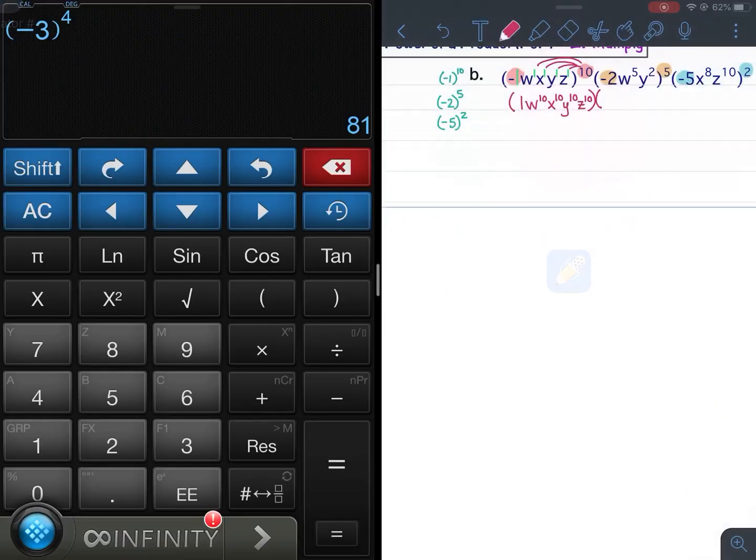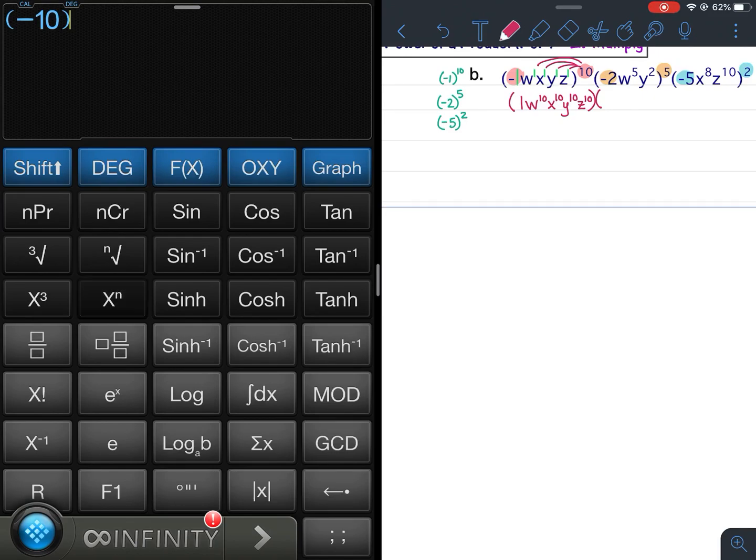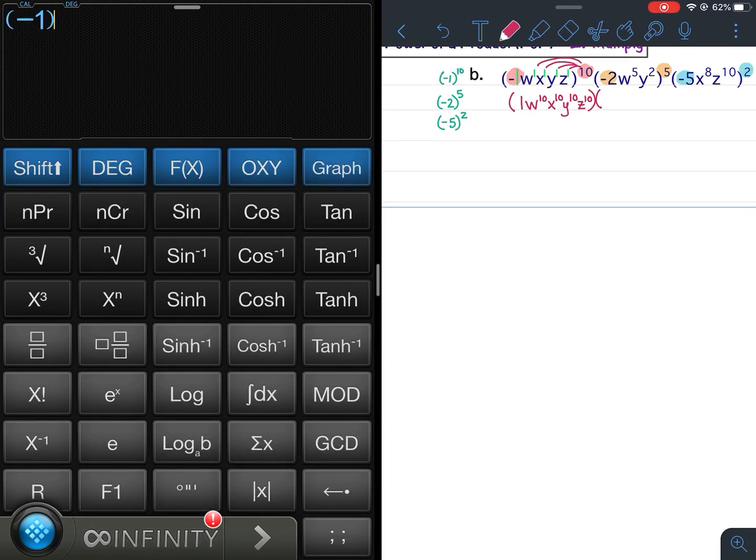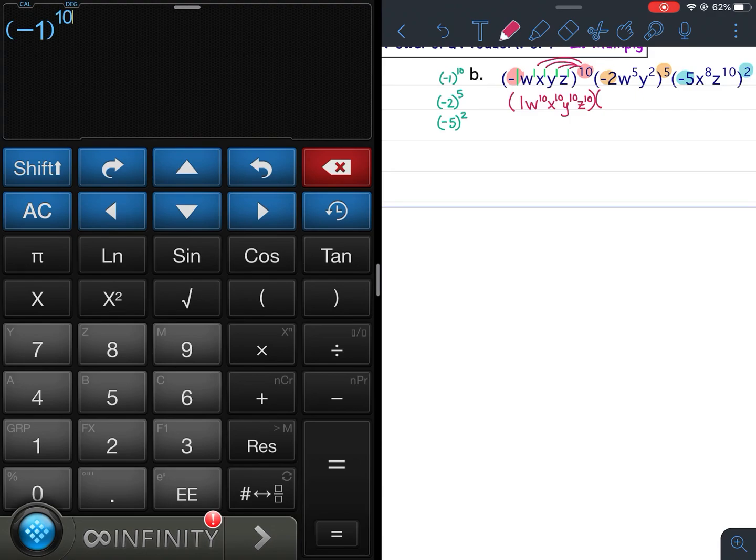You want me to show you these in the calculator? Negative 1 to the 10th is positive 1. Negative 2 to the 5th, negative 32.